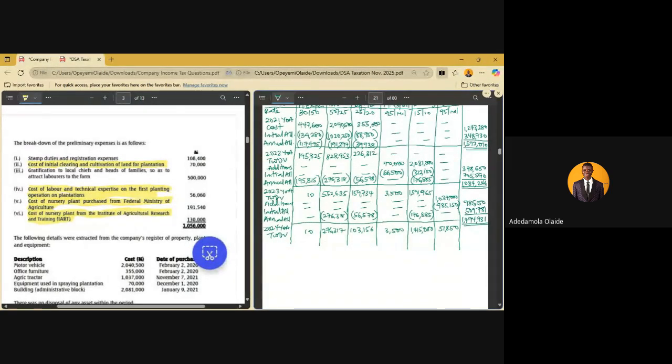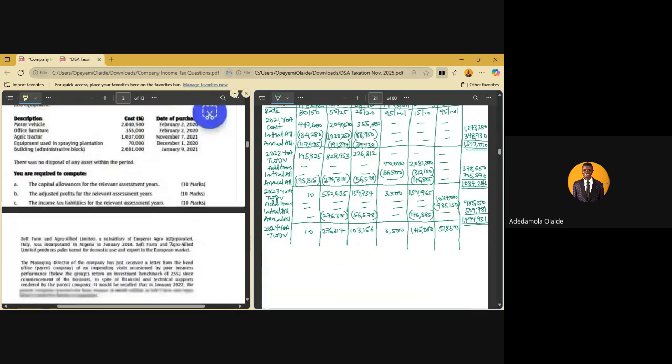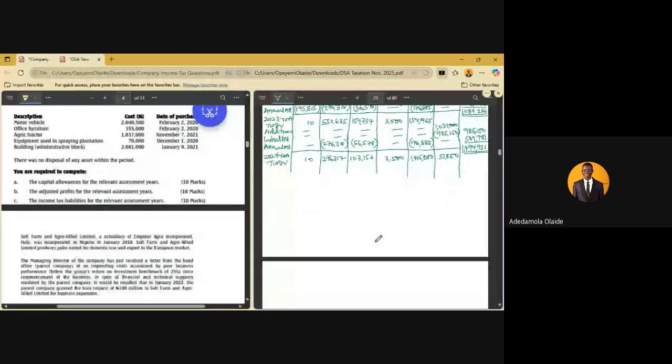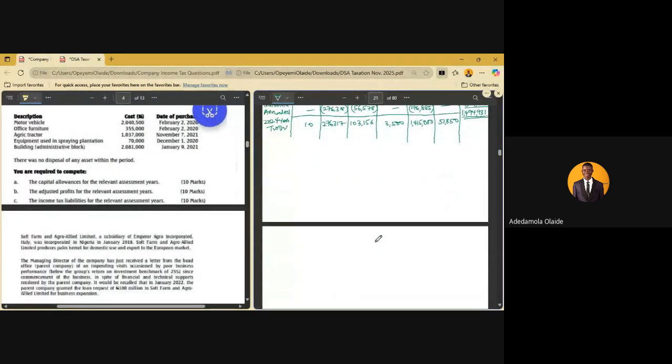Okay, so that is that. So we are done with the first requirement. The next requirement is for us to compute adjusted profit.